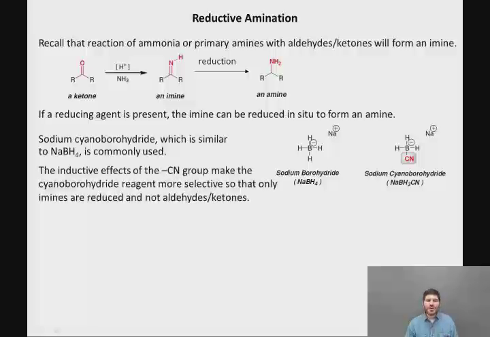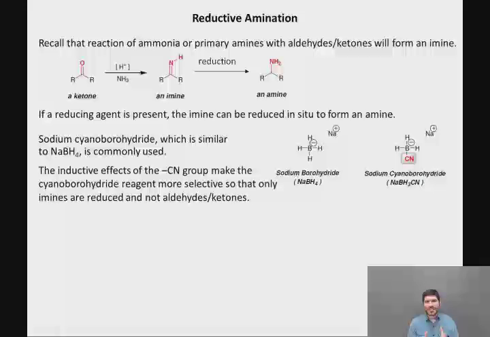So the reason we use sodium cyanoborohydride rather than regular sodium borohydride is that the CN group is an electron withdrawing group, so the inductive effects of the CN group make the sodium cyanoborohydride a less powerful hydride source than sodium borohydride. So it's actually only going to reduce the imine and not reduce the aldehyde or ketone.